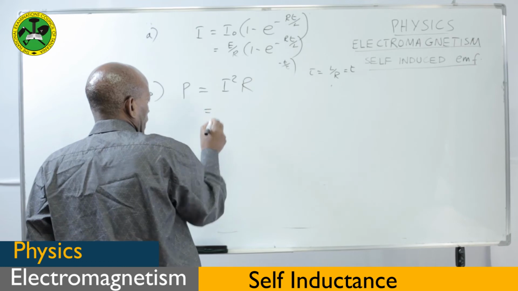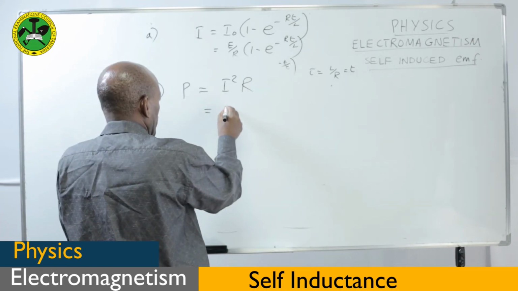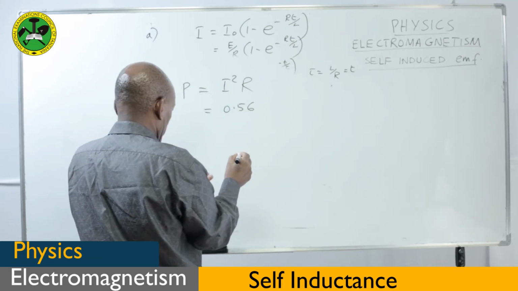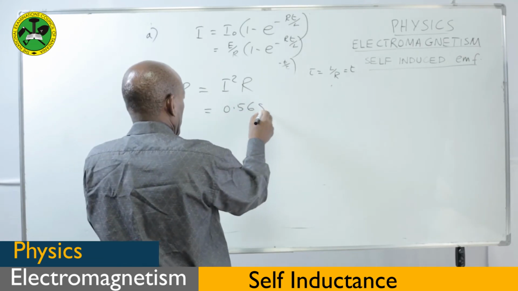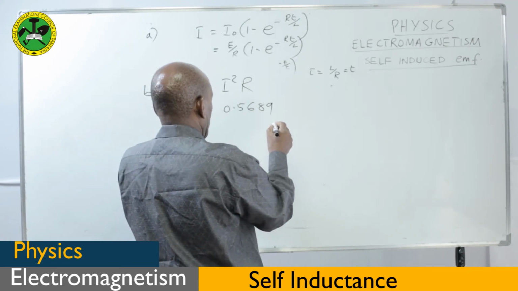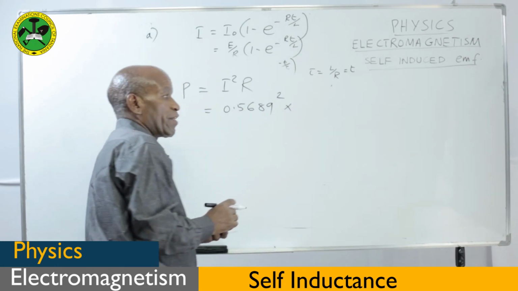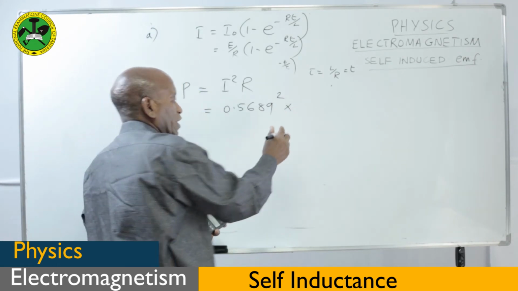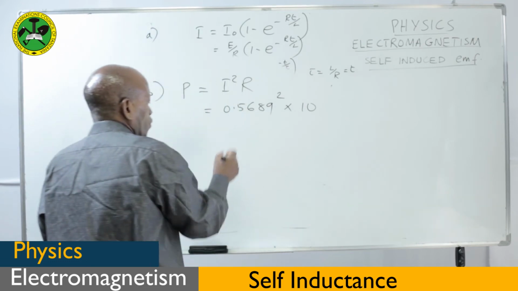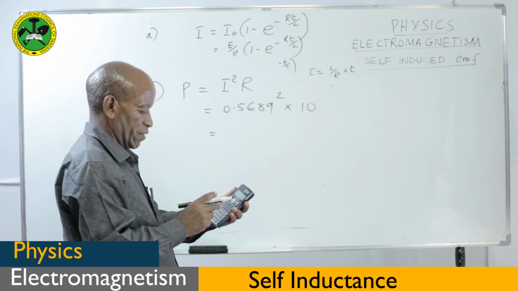So that we can substitute. We have already obtained the current, which is 0.5689. We square this current, times the resistor. The resistor there connected is 10 ohms. So we just multiply there and get the power in watts.